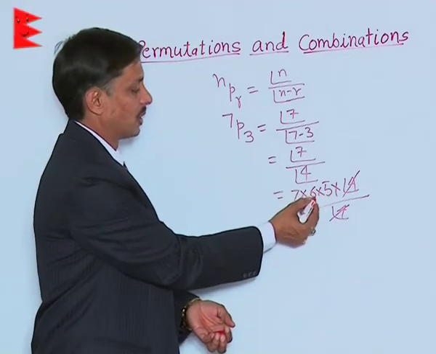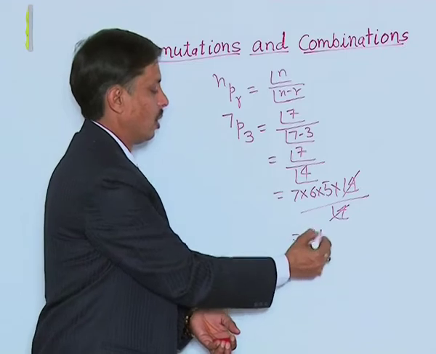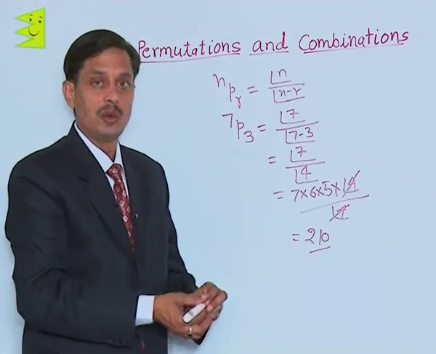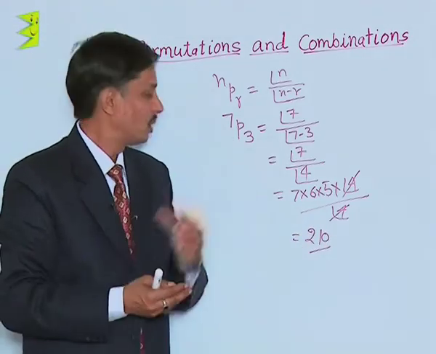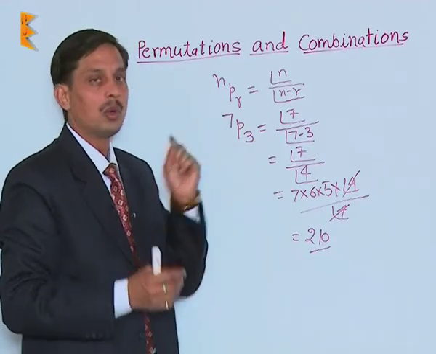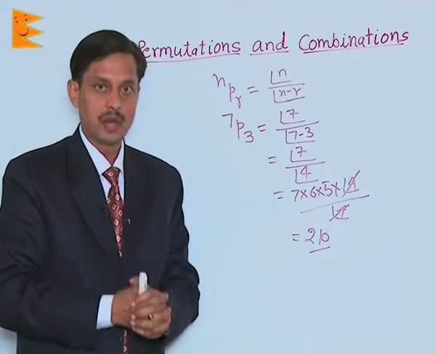This becomes 6 times 5 is 30, times 7 is 210. So there are 210 ways of arranging 3 objects at a time out of a group of 7.